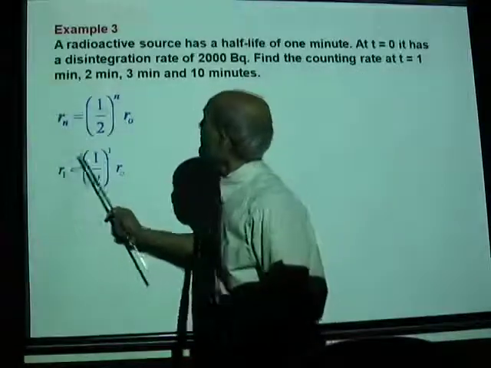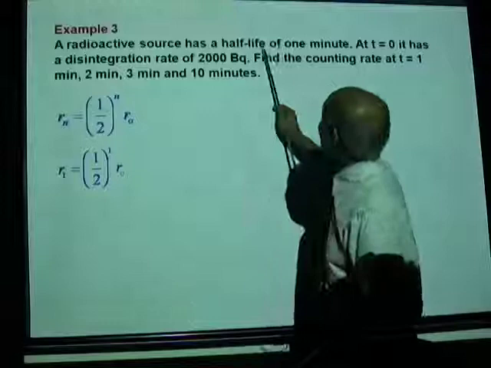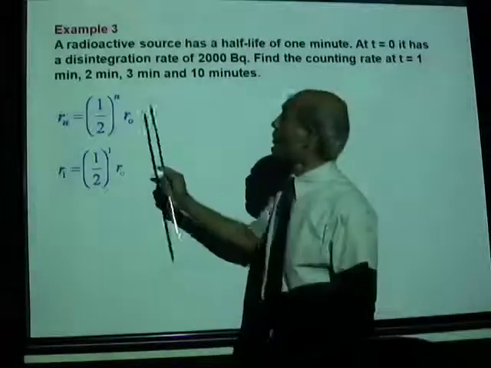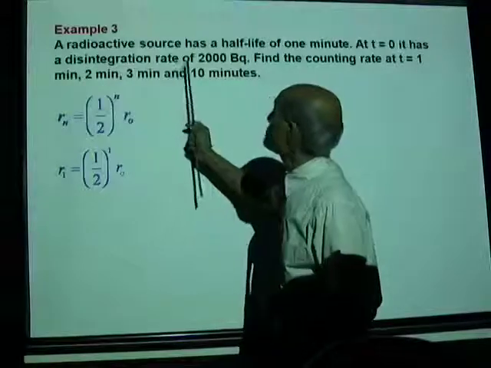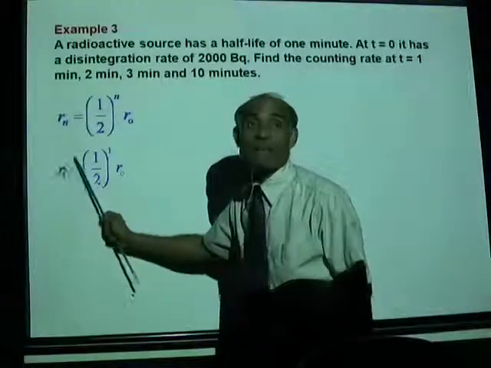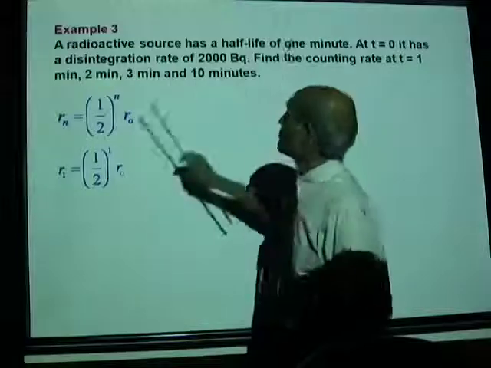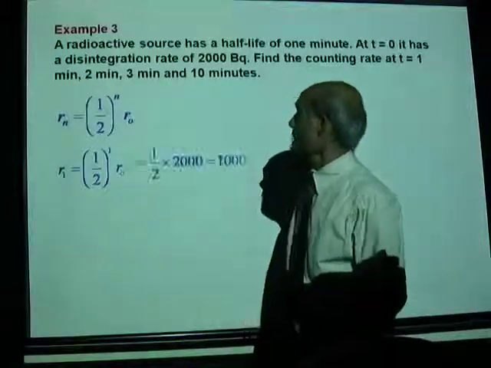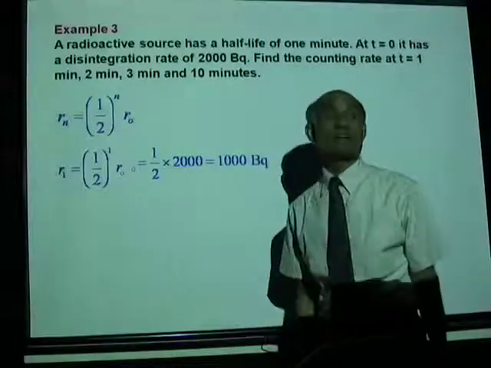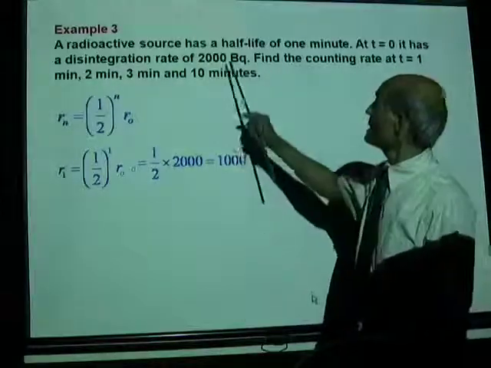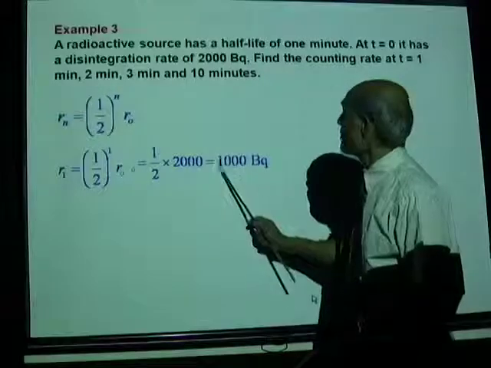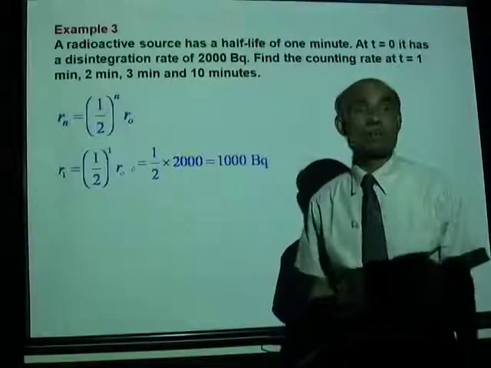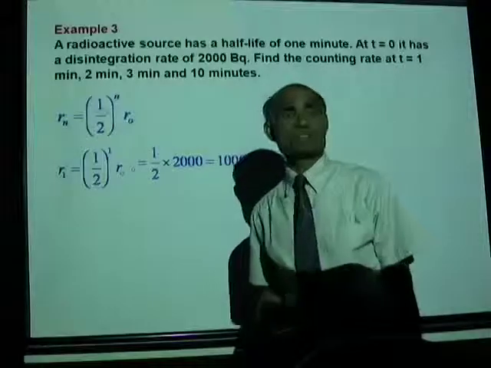Now, the half-life of this sample is 1 minute. Therefore, what is the disintegration rate after one half-life? That means after 1 minute, it will be 1/2 to the power of 1 times R0, and that will be 1/2 times 2000, that is R0. So after one half-life, you have 1000 becquerel as the rate of disintegration.